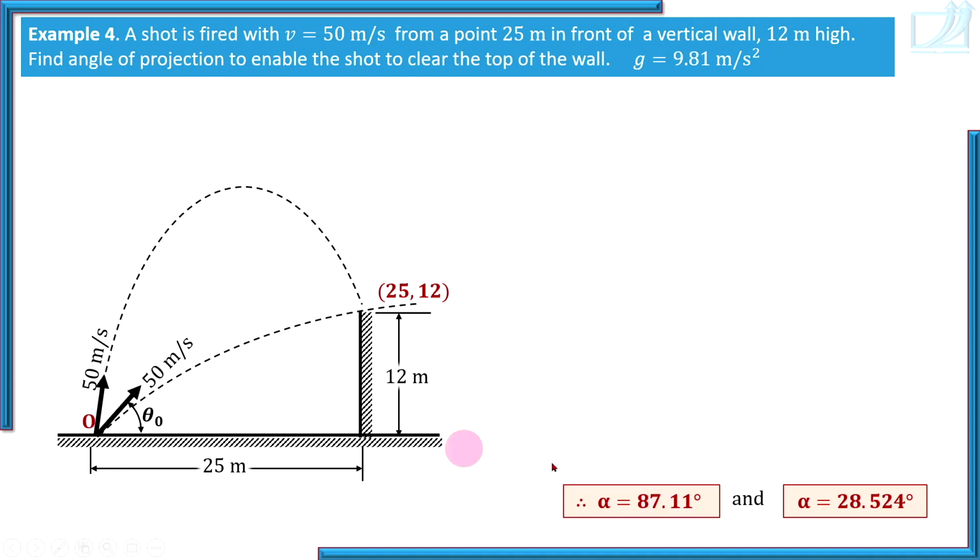And when it is thrown at an angle 87 degrees, very close to 90 degrees, it almost touches the top of the wall again and continues to move. So this is how both answers are correct, because after all we are asked to find that angle so that the projectile almost touches the top of the wall or just clears the top of the wall. So both are correct answers here.